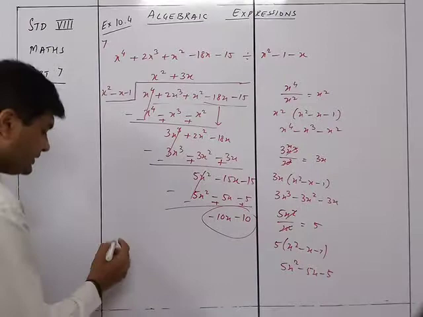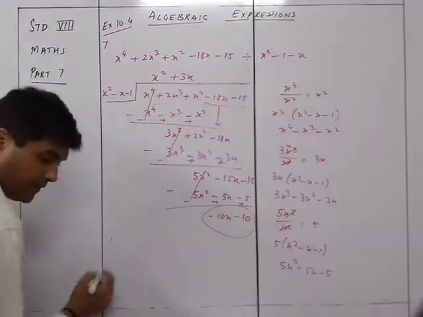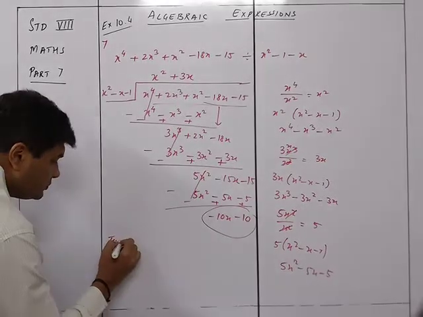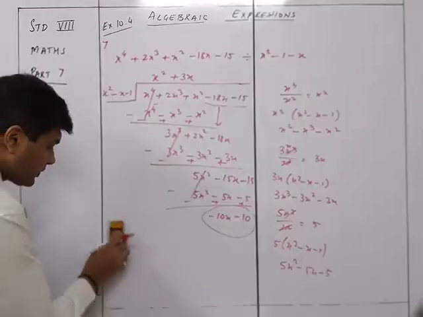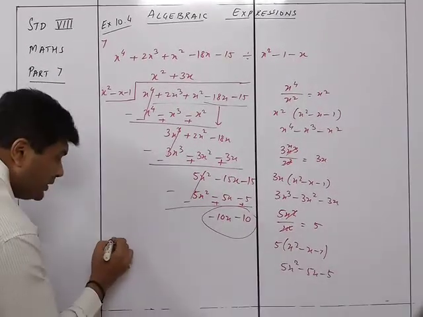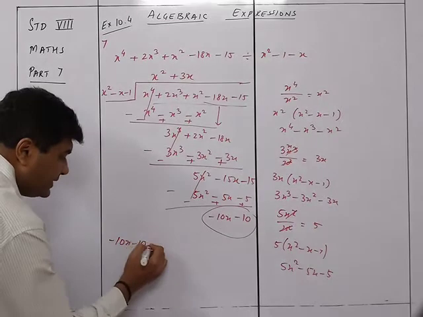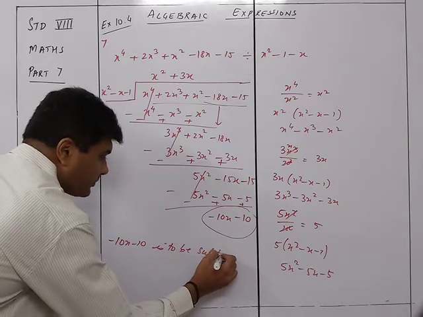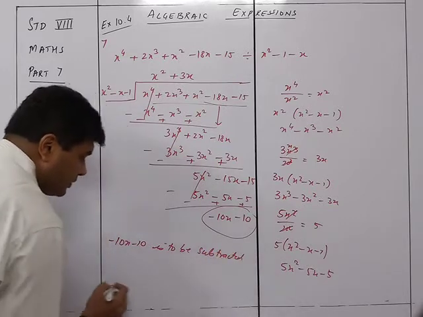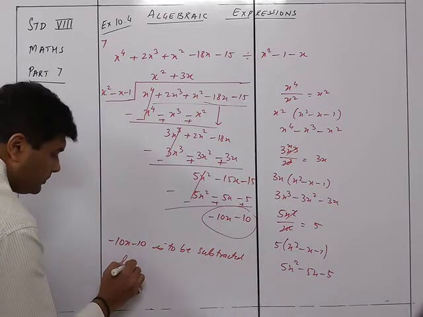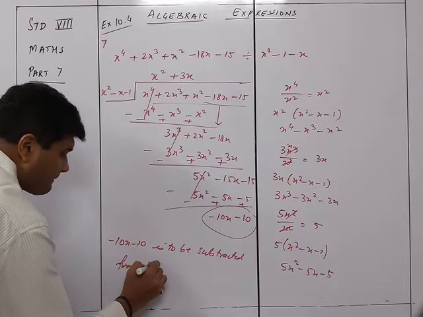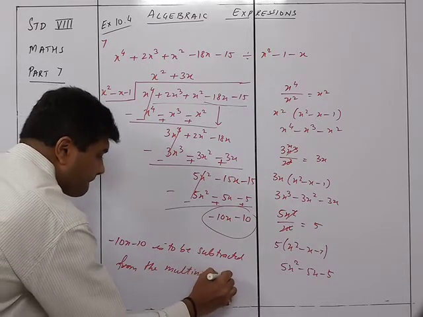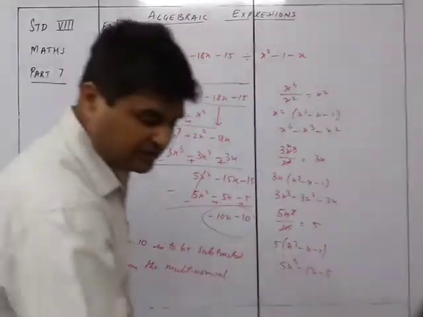That's why we say that minus 10x minus 10 is to be subtracted from the polynomial. Okay, just check the answer.